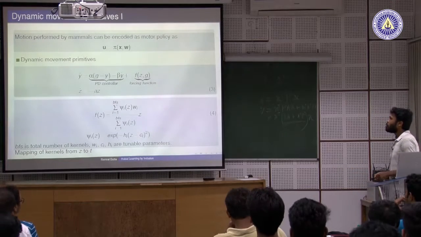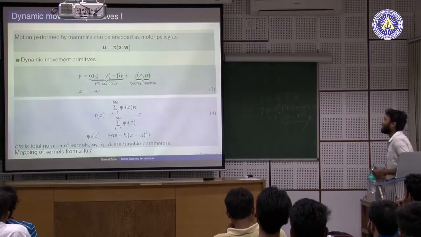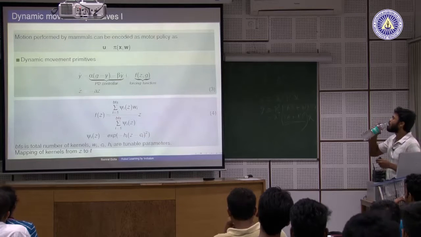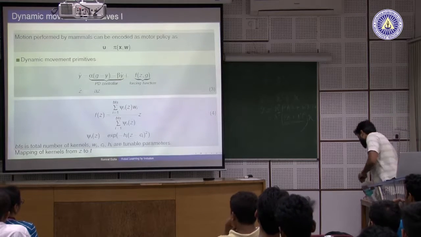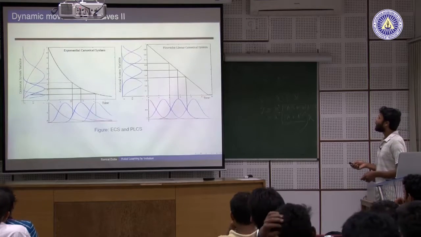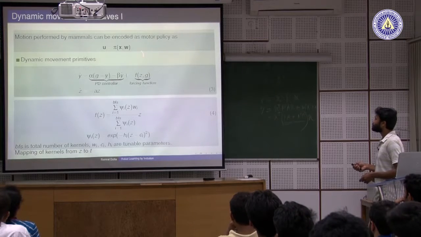So, in dynamic movement primitive, it is assumed that a motion can be encoded using a function like this.